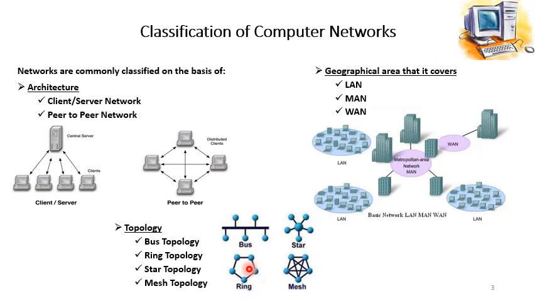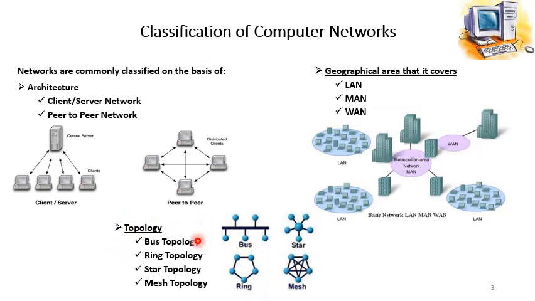This topology is very rarely used. And in mesh topology, each and every node is directly connected to each and every other node. Here you can see that this node is directly connected to this one, this one is directly connected to this, and also to this, and also to this node. So each and every node is directly connected to each and every other node.